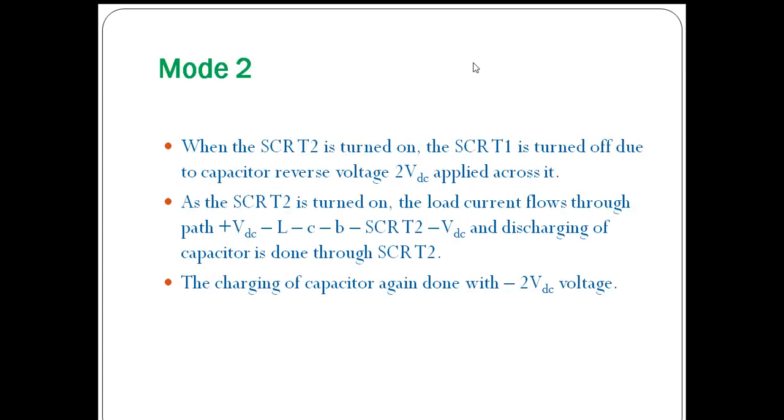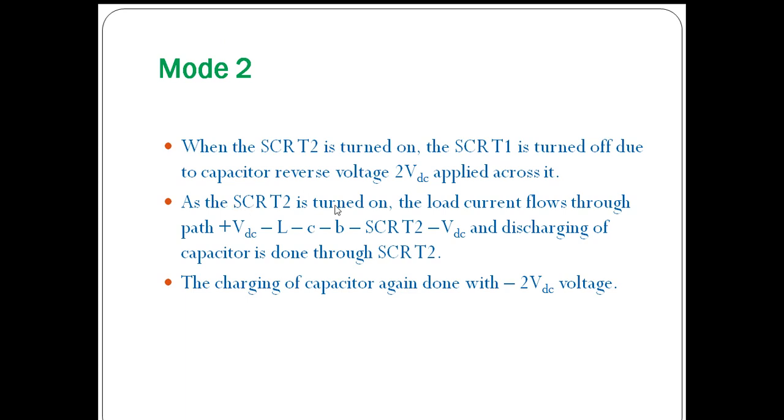In mode 2, thyristor T2 is turned on and thyristor T1 is turned off. Thyristor T1 will automatically turn off due to the capacitor reverse voltage applied across it. So when we turn on thyristor T2, there will be a closed path for the capacitor energy, and it will automatically turn off thyristor T1.